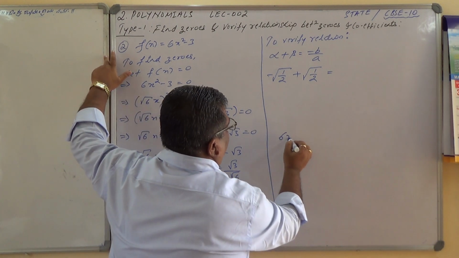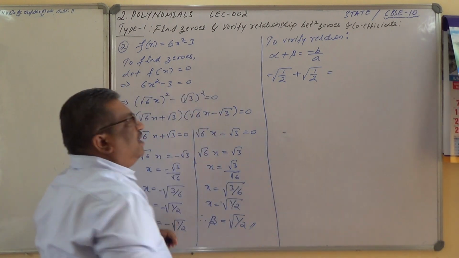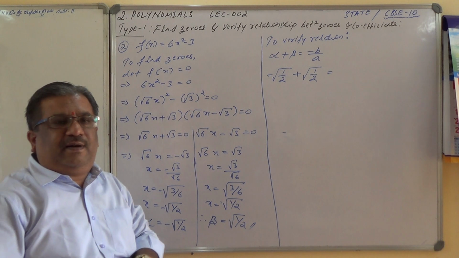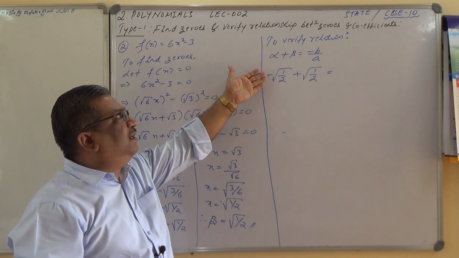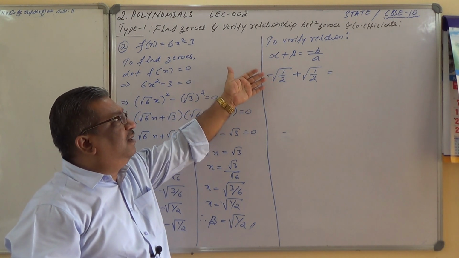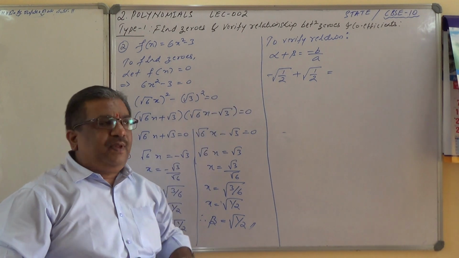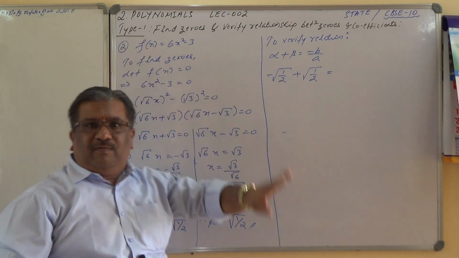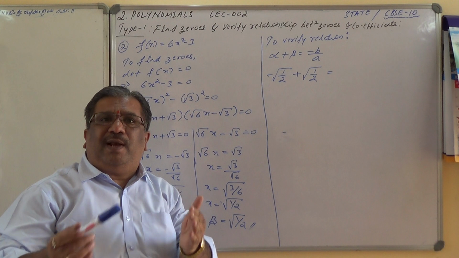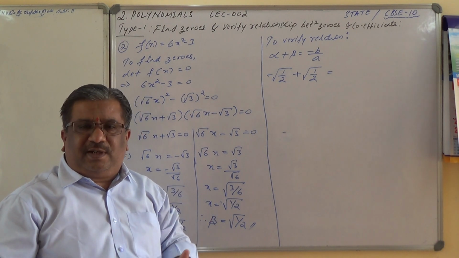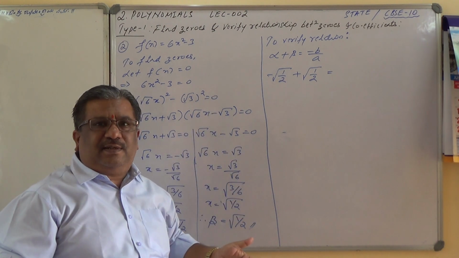See, if you are getting confused, sometimes what I do, before I find out the verification result, I can write this equation once again, populate the values of a, b and constant term c, and then carry out this relationship.